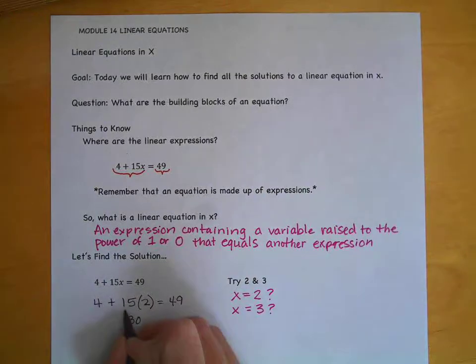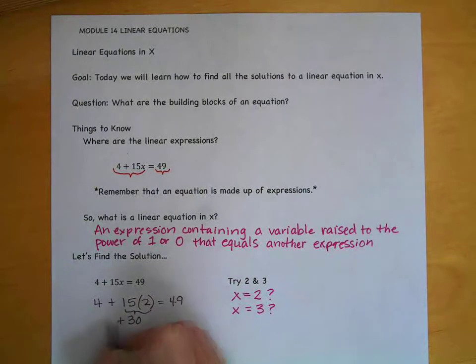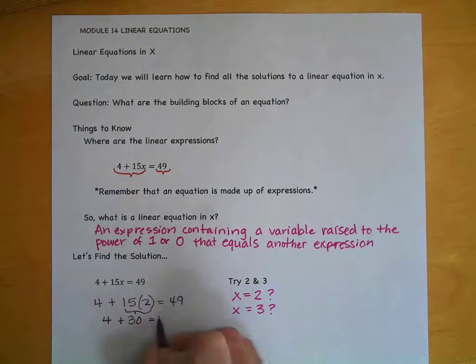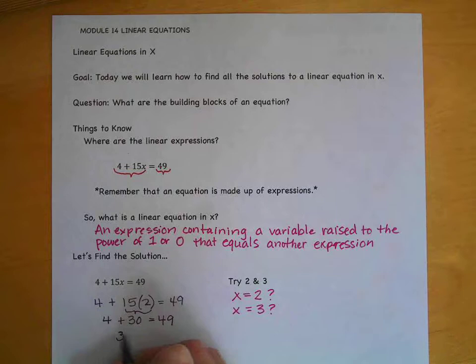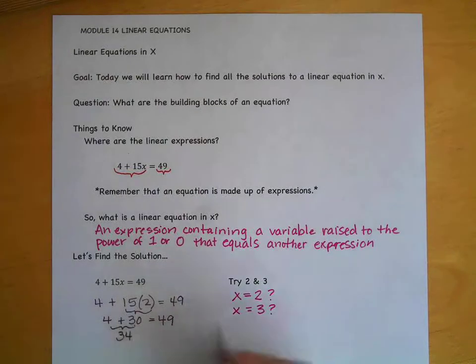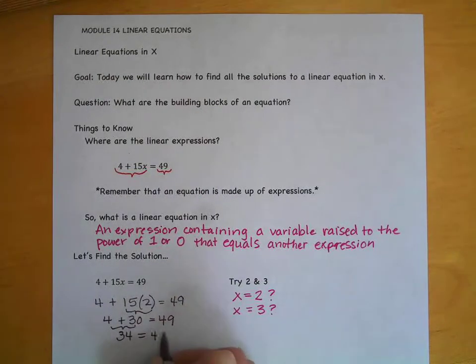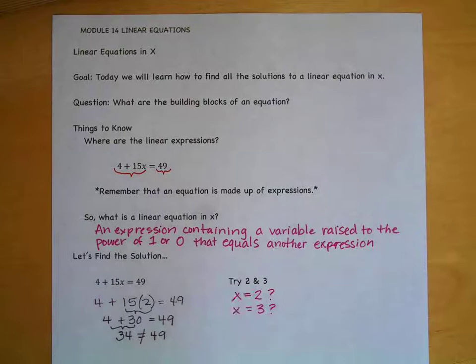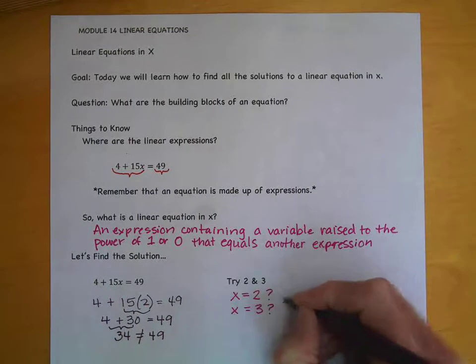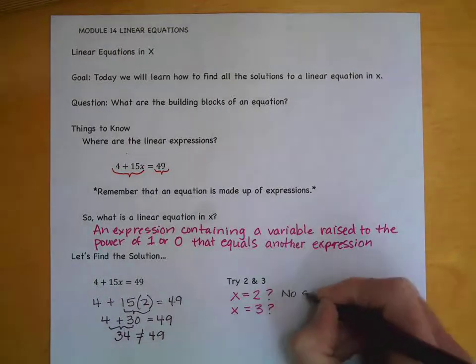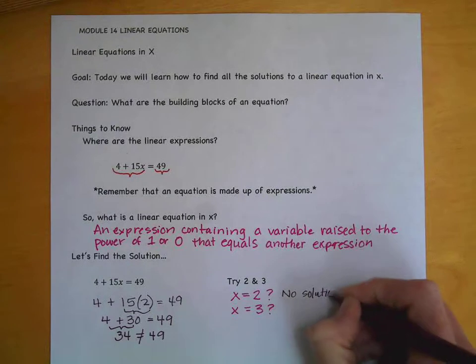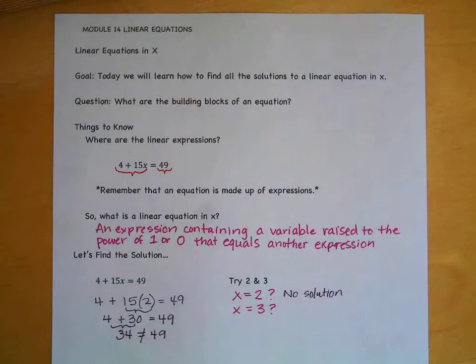So 15 times 2 is actually 30, right? Plus 4 equals 49. And then we know that 30 plus 4 is actually 34, right? And that does not equal 49. So we would say when x equals 2, that is no solution. Okay, so x cannot equal 2.